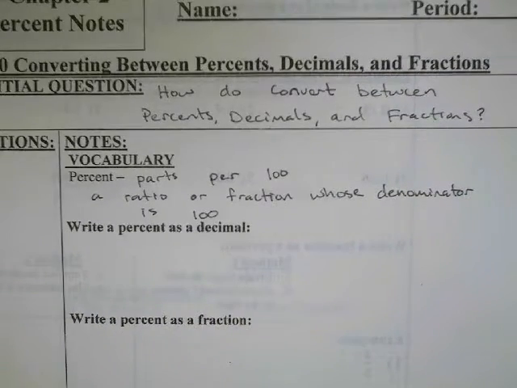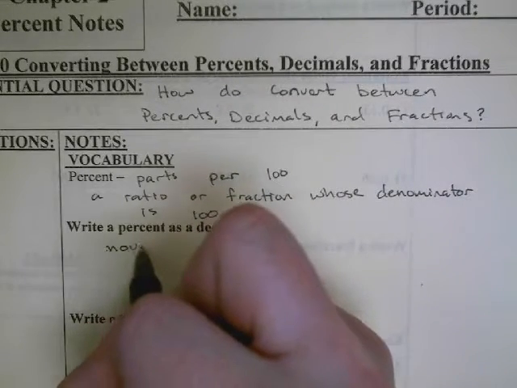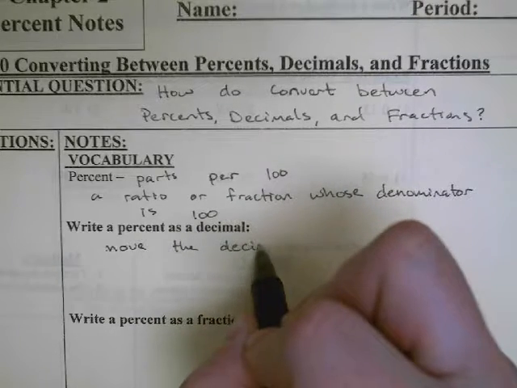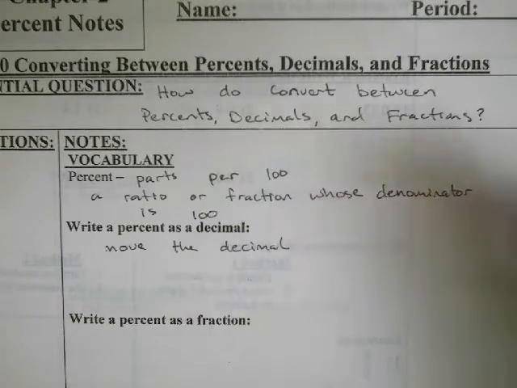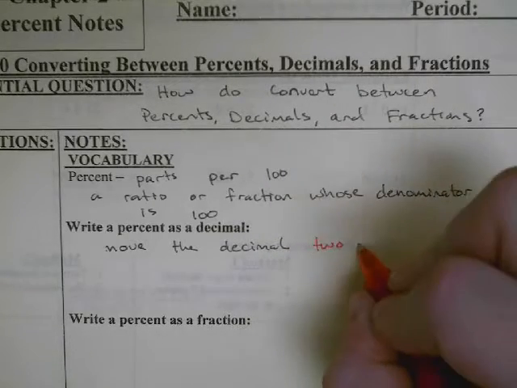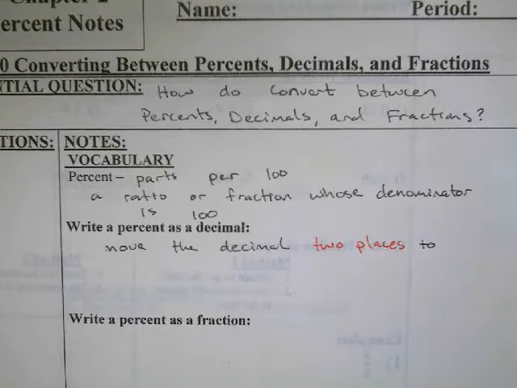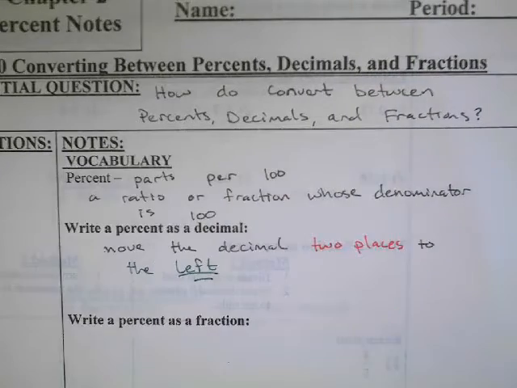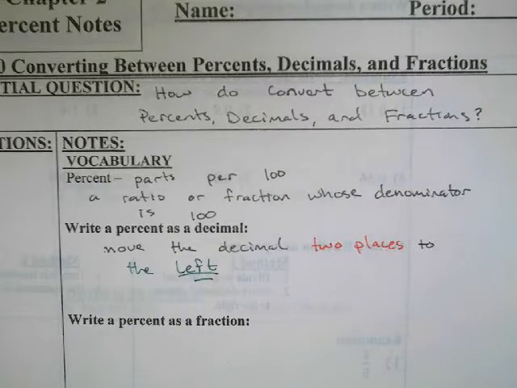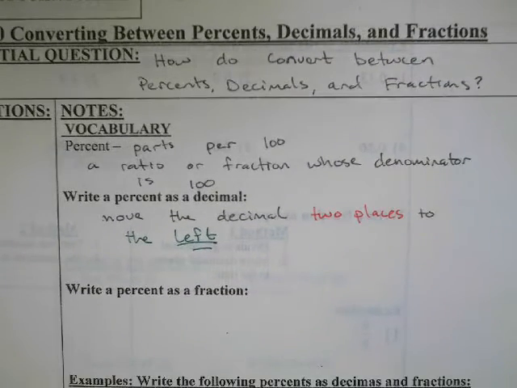So if we want to write a percent as a decimal, move the decimal two places to the left.